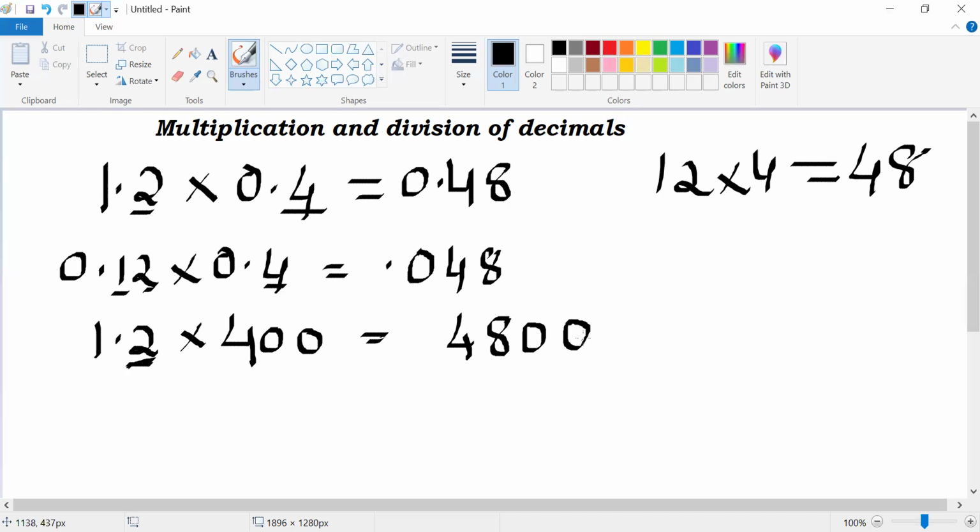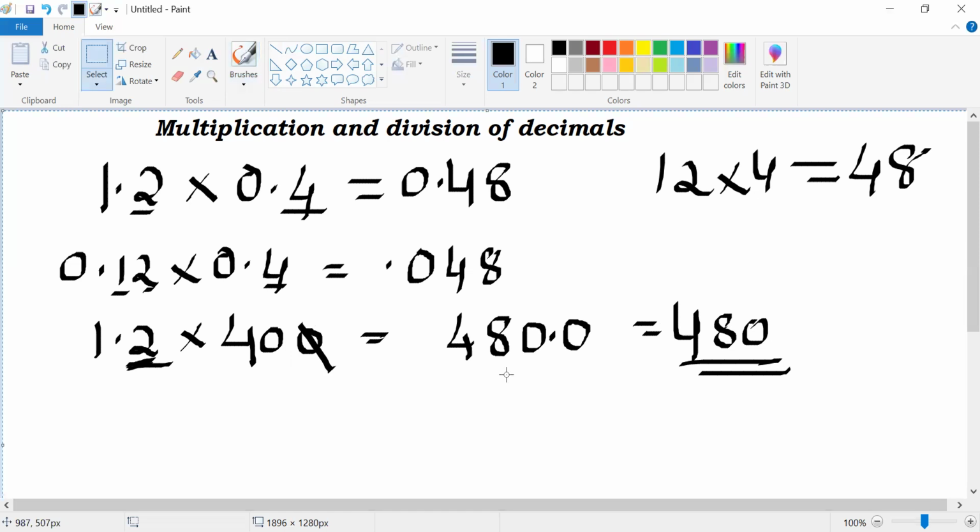So 1 decimal place will cancel 1 zero. That means after the decimal, we must have 1 digit. So where will the decimal come? Here. So the answer is 480. Or you can think of it another way: 1 decimal will cancel 1 zero here, so it will be 480. So this is the method we have to multiply.